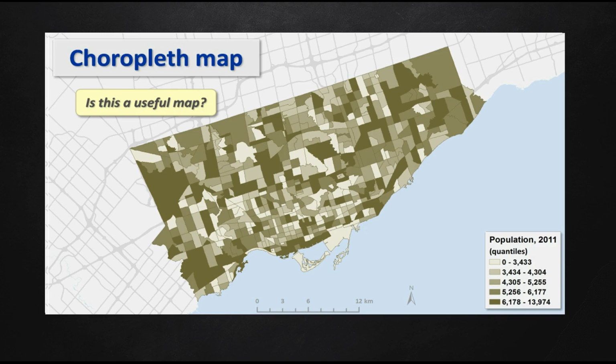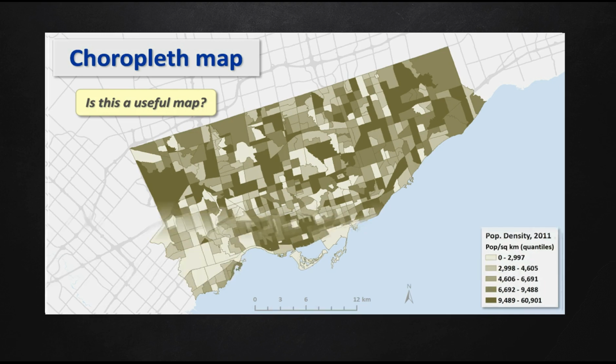Because generally speaking, the larger the census tract is geographically, the more people there are going to be there. So we can quickly see this here. Very big census tract, and here, other places, they're smaller and there's less people. So mapping raw numbers is not useful for making a choropleth map.